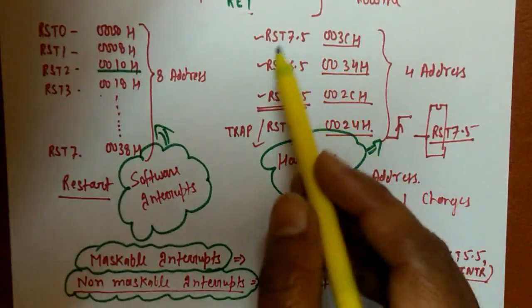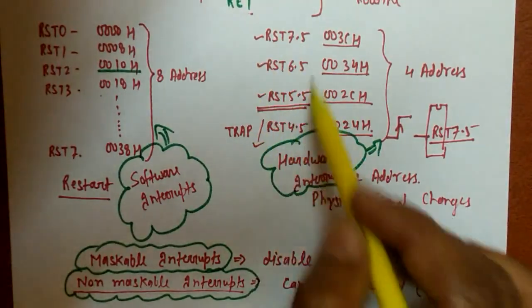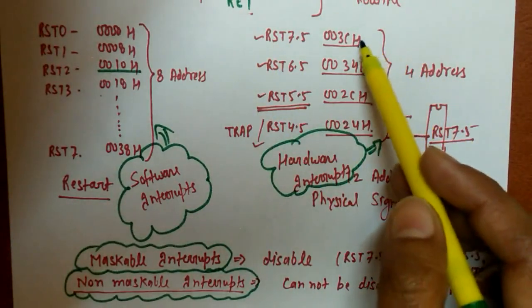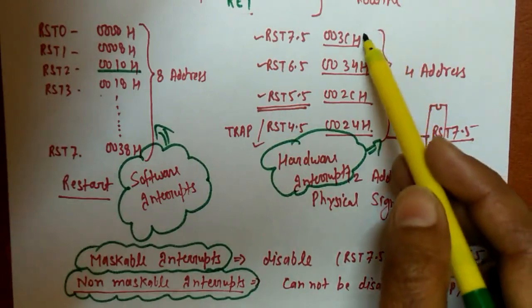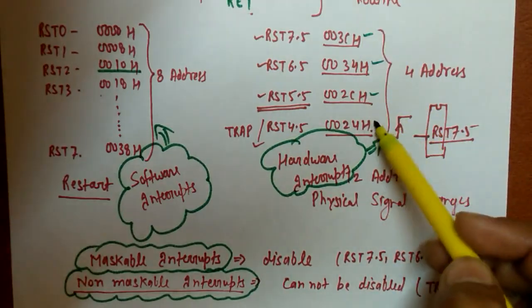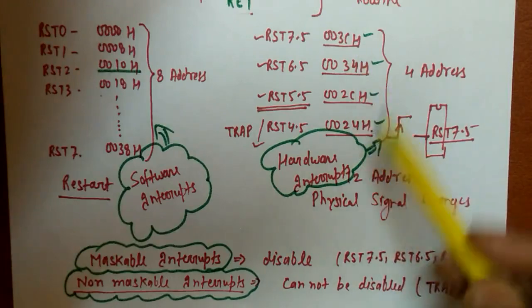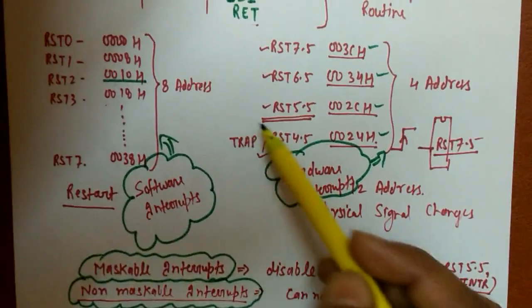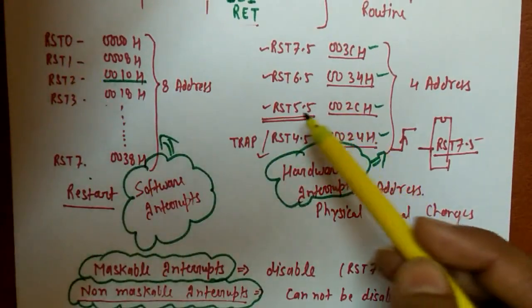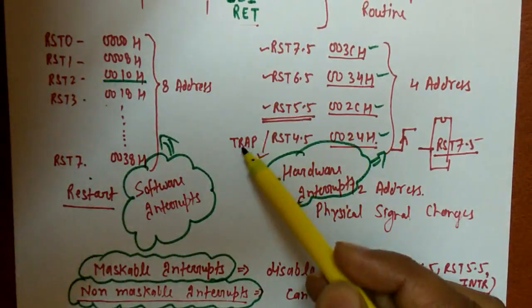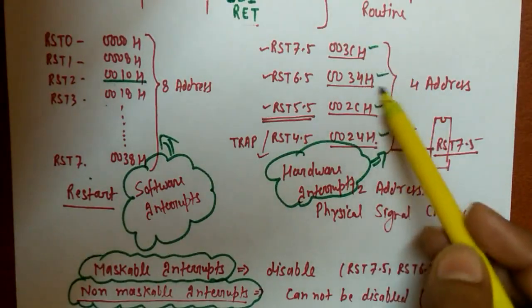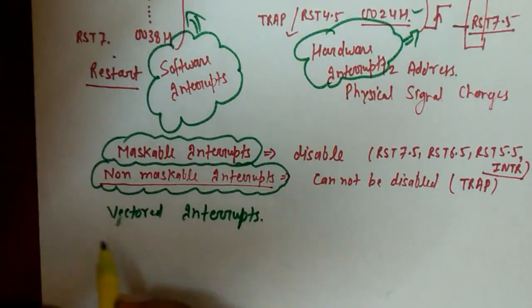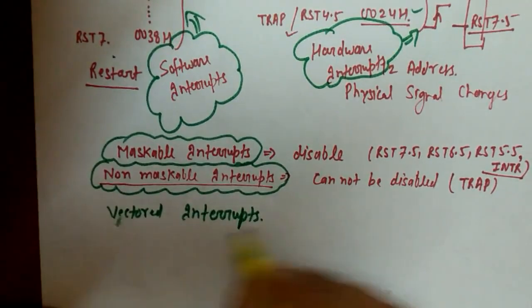Similarly, if you are using any one of these signals, these pins of the microprocessor, then you will have to write your service routine at only these addresses. Alright, so that means for all the things written here above, from RST0 to RST7 and from RST 7.5 to TRAP, we have an address where we will be writing our interrupt service routine. That's why these are called vectored interrupts. Why is it vectored?